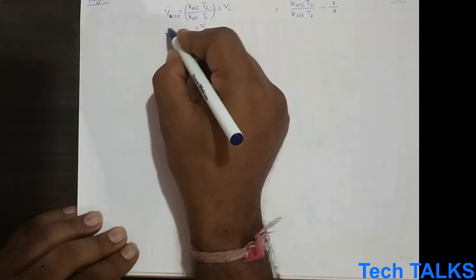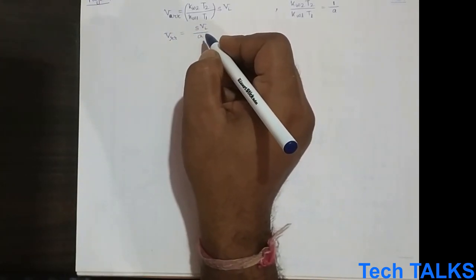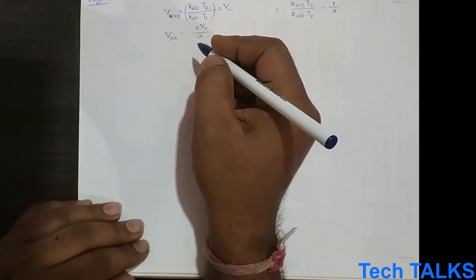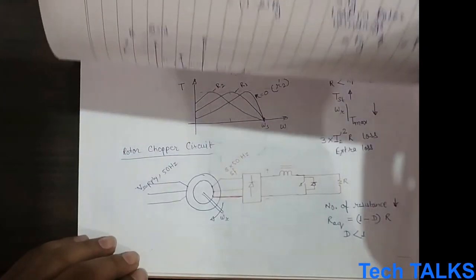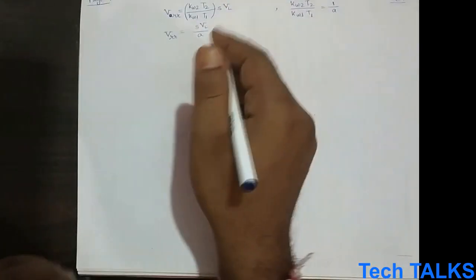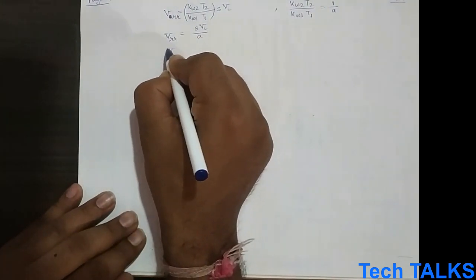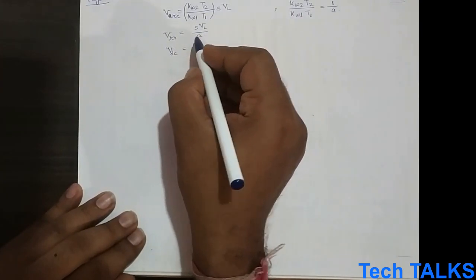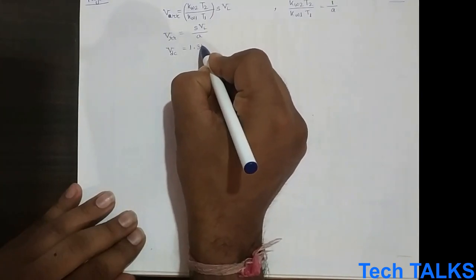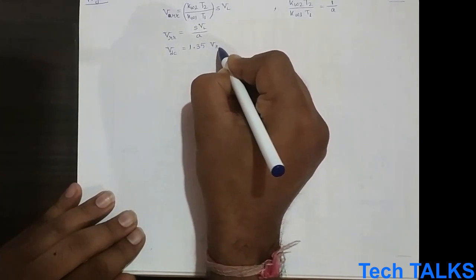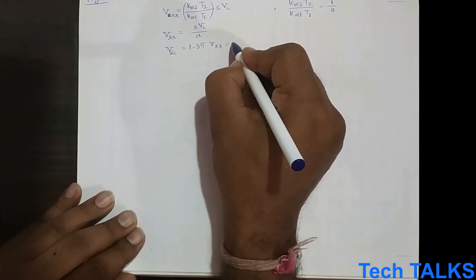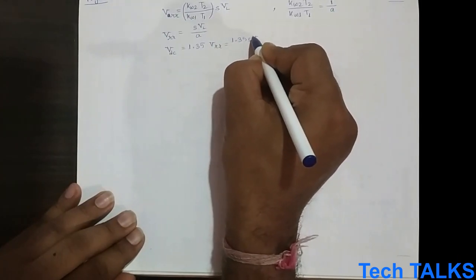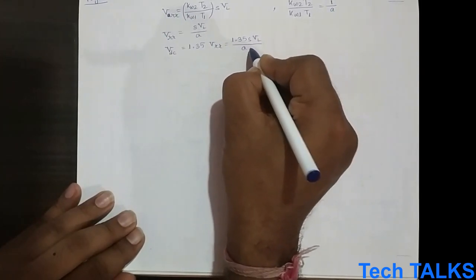Okay, so this is the AC voltage that we have got. Now the rectified DC voltage, you refer to the diagram: VDC is equal to 1.35 VRR, that is, 1.35 S VL by A.